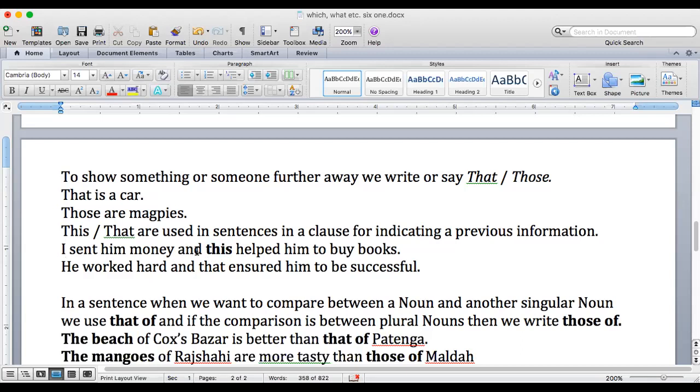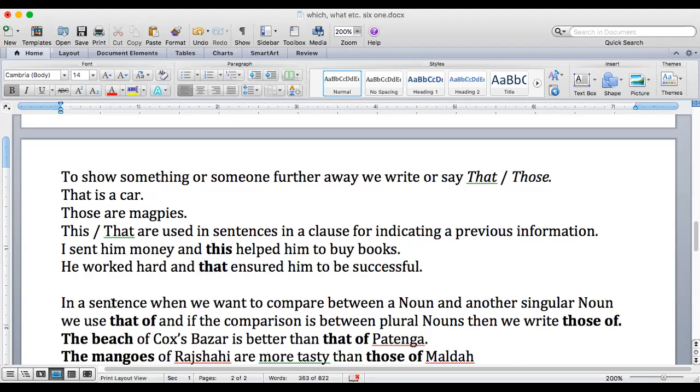It is indicating a previous information, that I sent money, is this. Okay, so he worked hard and that ensured him to be successful. What happened? He worked hard and that ensured him to be successful. Okay, this and that are for indicating a previous information.